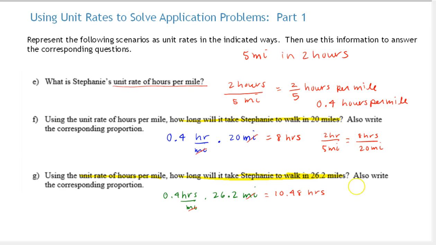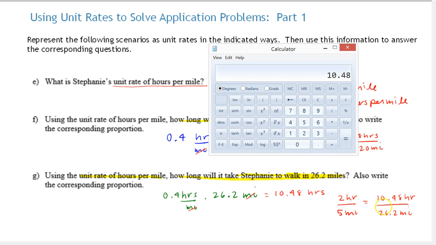Okay? And our proportion would be 2 hours is to 5 miles as 10.48 hours is to 26.2 miles. Okay, this has a constant factor.